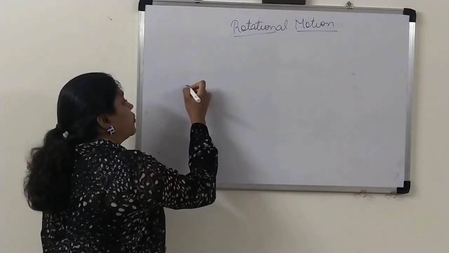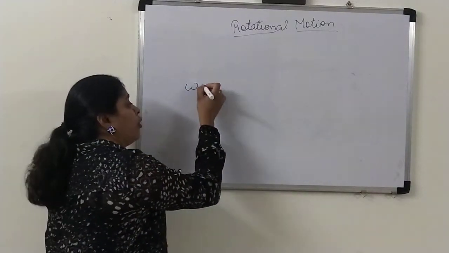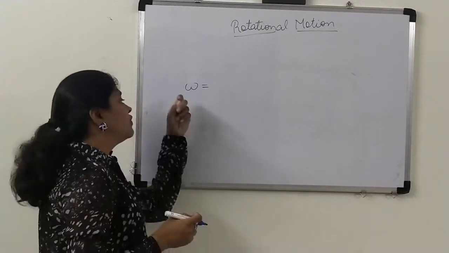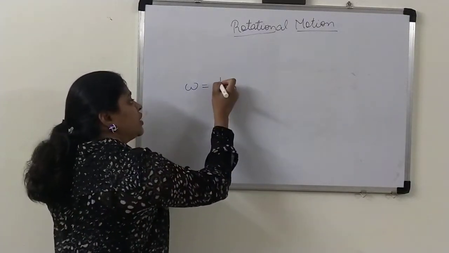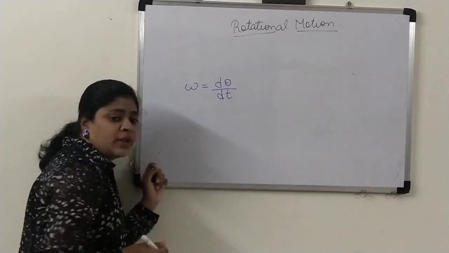What is the symbol for angular velocity? Omega. The formula for velocity is change in displacement with respect to time. So angular velocity is change in angular displacement with respect to time.